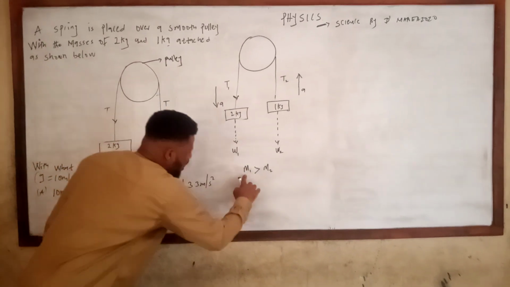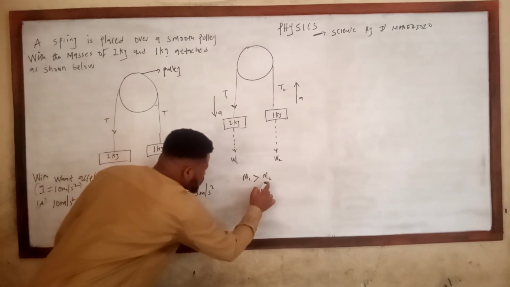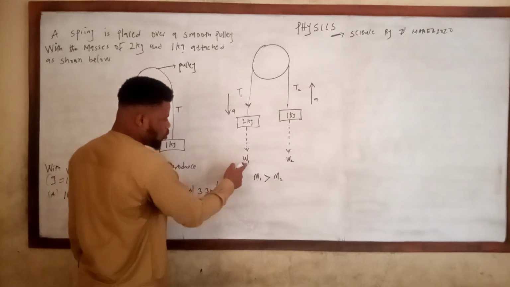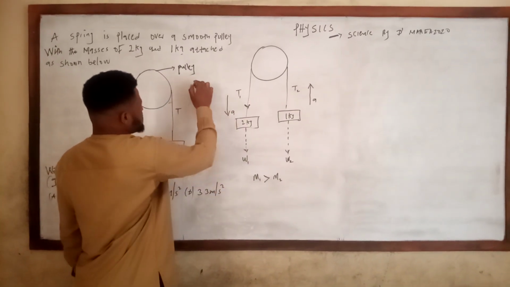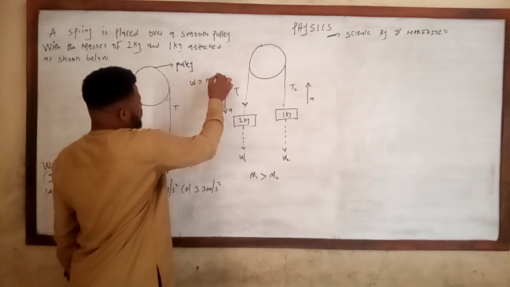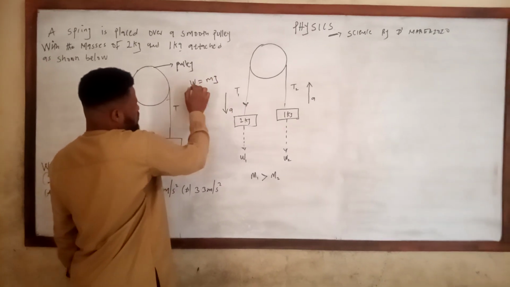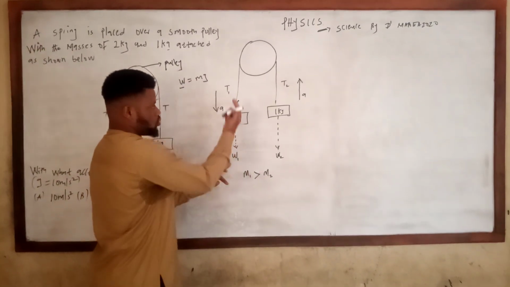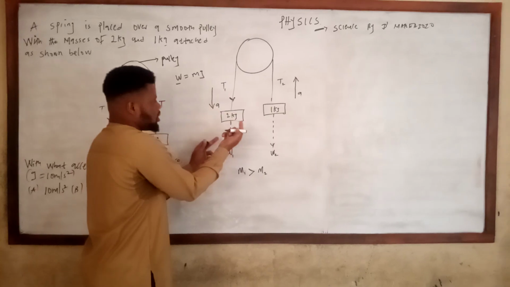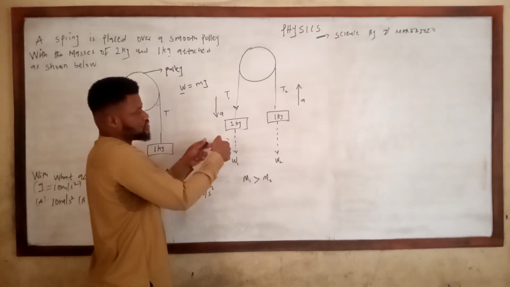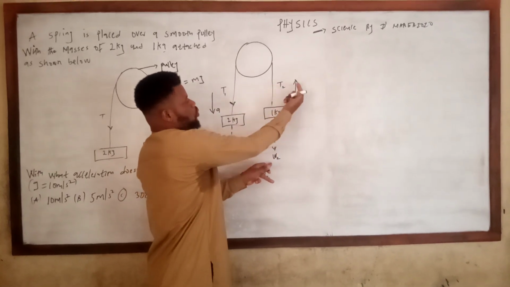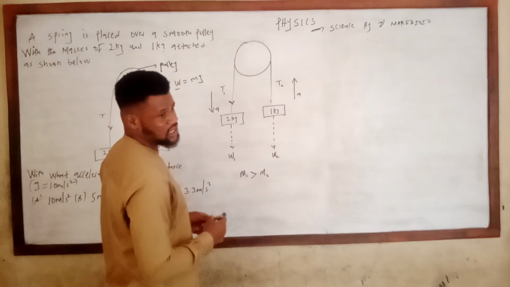Since M1 is greater than M2, W1 is greater. Don't forget that weight W is equal to mass times g, and force is mass times acceleration. So for W1 and T1 we have a downward acceleration, and for W2 and T2 we have an upward acceleration.